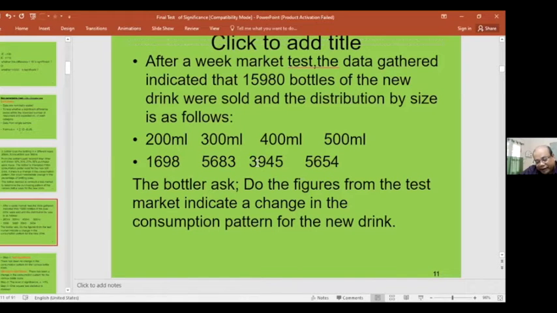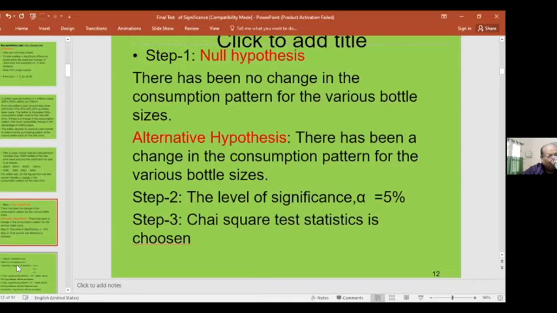But if the same pattern is not there, then he will be ready to plan different bottle sizes for this particular soft drink. So let us do the hypothesis testing to see whether the new soft drink follows a new pattern of consumption, or it follows the same as before.